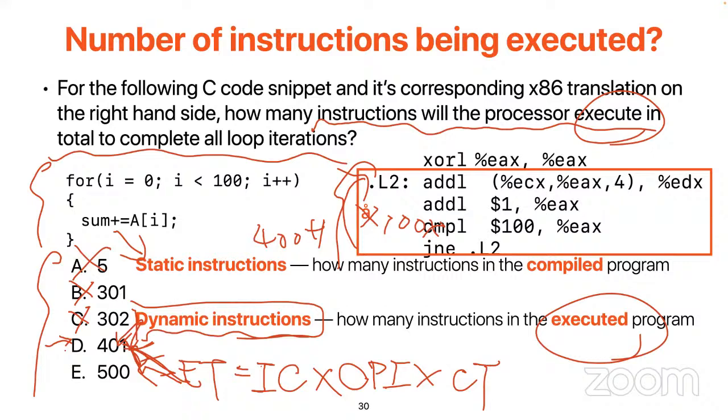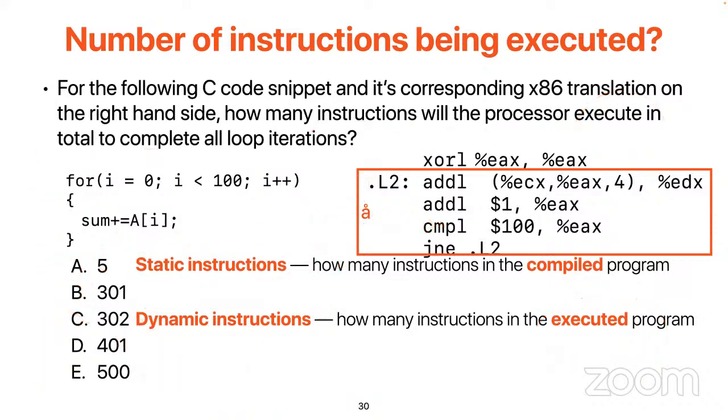However, if I'm asking you how big the compiled program is, like how many instructions there are in the compiled code, how much memory space the compiled code is occupying, then the static instruction count is what you should be looking for. Hopefully that gives you a good idea about the taxonomy of these two types of instruction count.